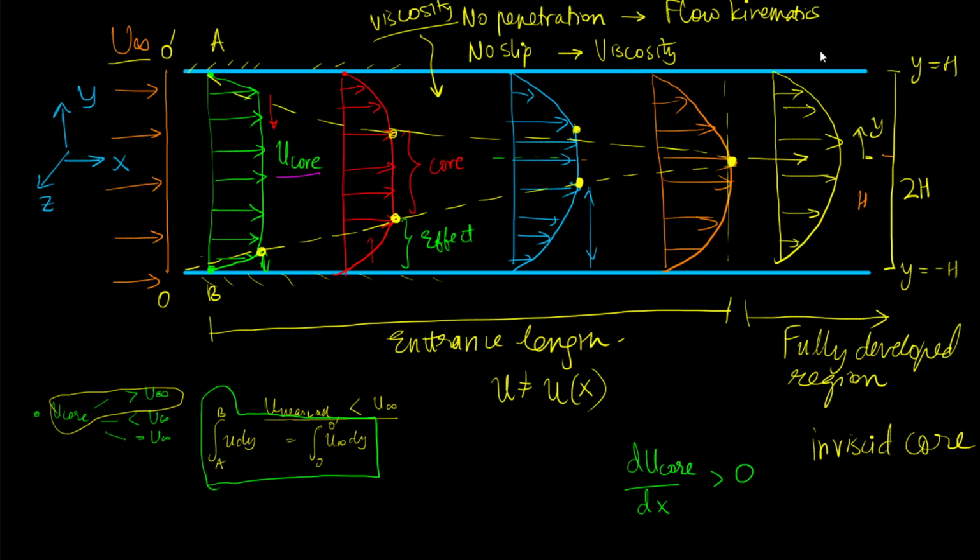But as you can see from the schematic that I've drawn, u will be a function of y only. However, in the entrance region, u is both a function of x and y. So in this region, u is a function of both x and y. Over here, u becomes only a function of y.